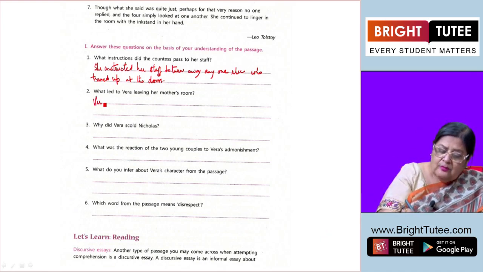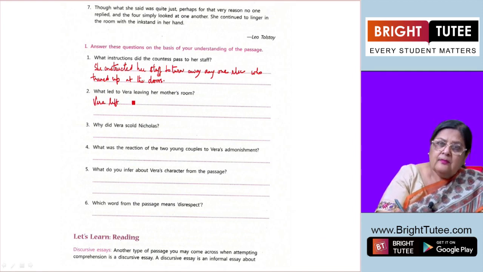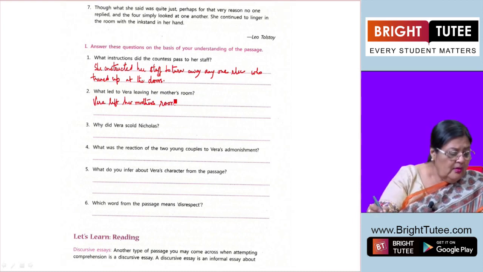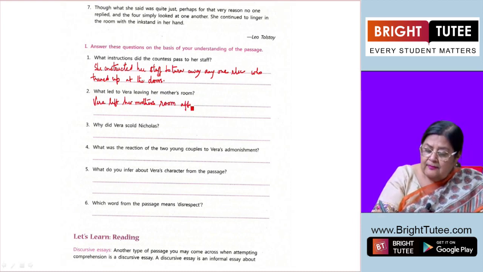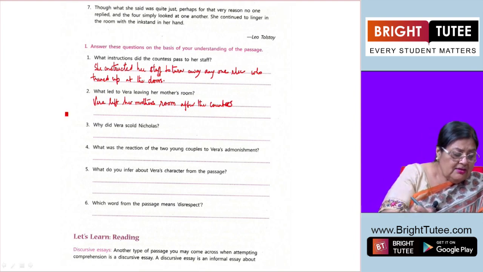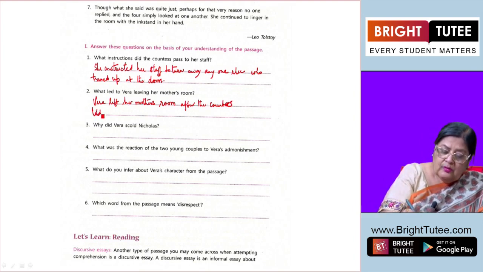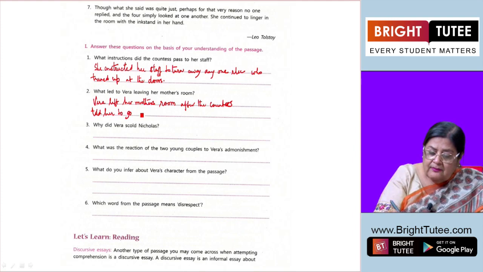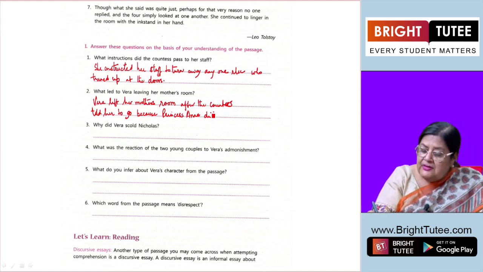Vera left her mother's room after the Countess told her to go, because Princess Anna did not want her presence.